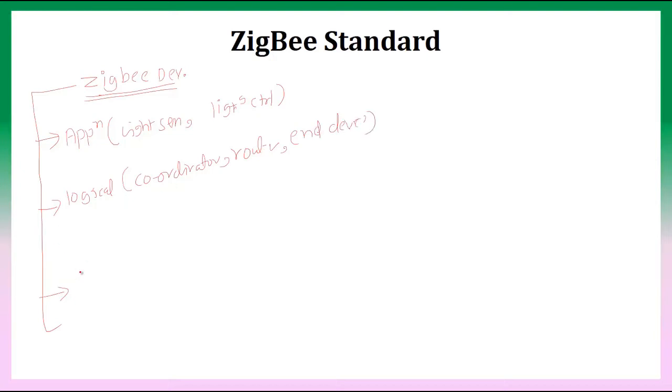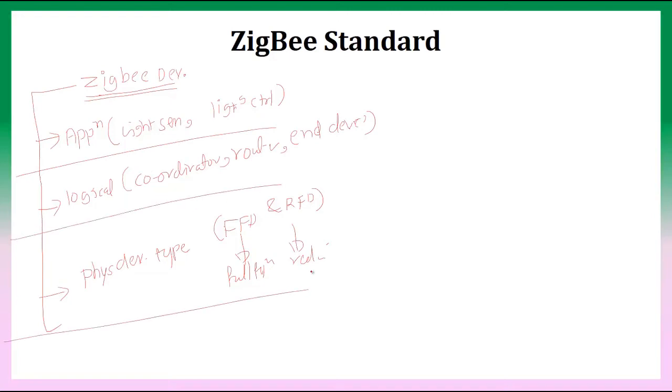And in the third segment of your ZigBee device, they have the physical device type, in which there are FFD and RFD: full functional device and reduced functional device. Whenever it comes to ZigBee, we need to understand there are these three different segments.